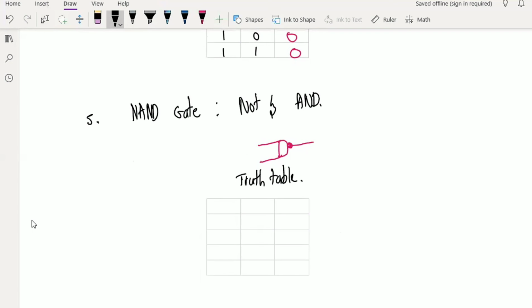So once again, we're going to have 2 inputs, as we can see. We're going to call them input A and input B. And we have 1 output. All right, we remember how this goes. We know that we're going to have 2 to the power of 2 to tell us the number of combinations.